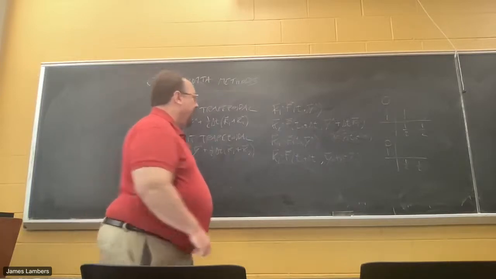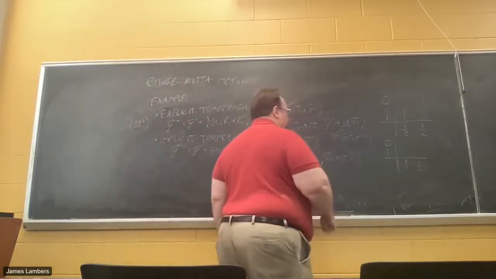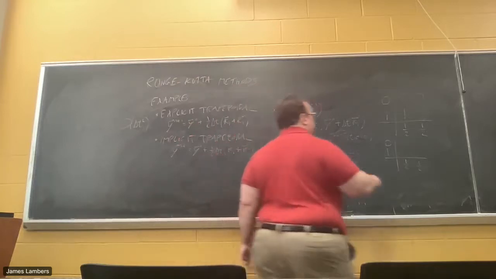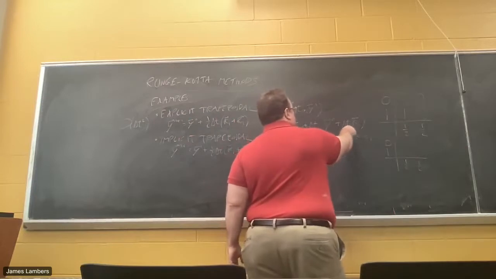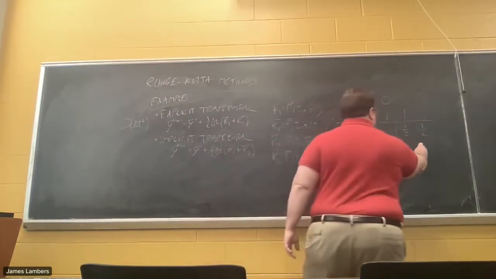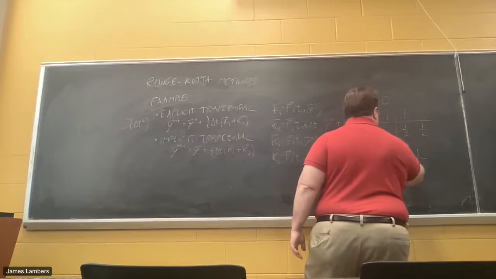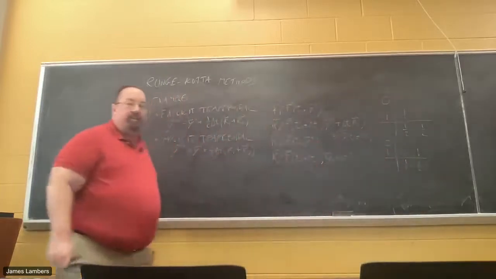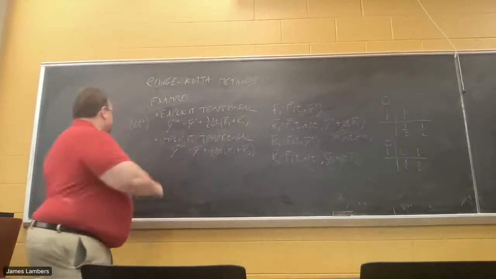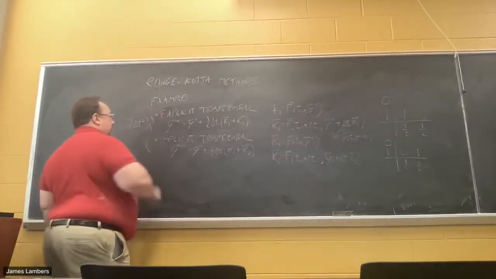So that means I am still going to have a 1, but whereas here it's multiplying k1, now it's going to multiply k2, so it goes over here. So the matrix is not strictly lower triangular anymore, thus it's implicit. And both these methods are second order.